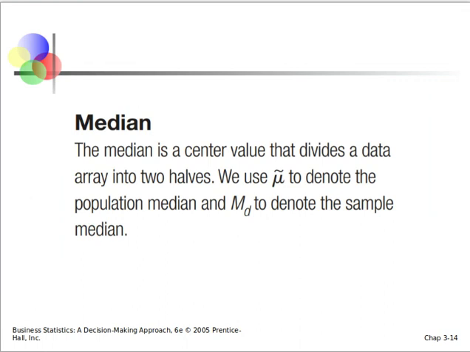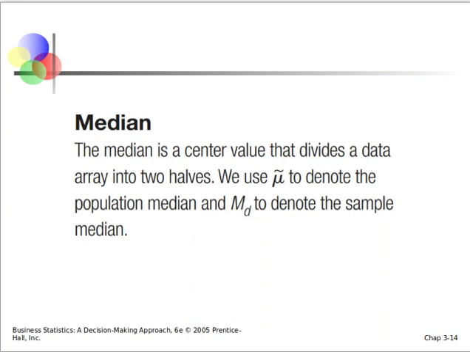Now that was about the mean or the average, the arithmetic mean. Now let's deal with the median. What is a median? The median is a center value, like the mean, a center value that divides a data array into two halves.